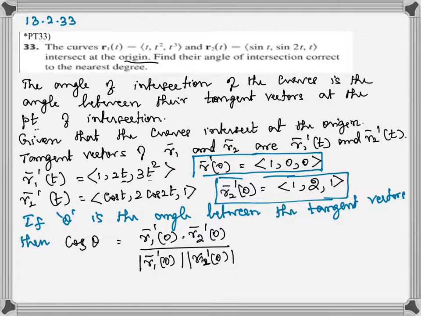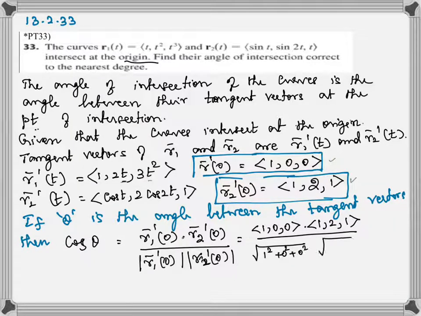The dot product is the multiplication of the corresponding components and adding. So (1, 0, 0) dot (1, 2, 1), divided by the length of the first vector times the length of the second vector.